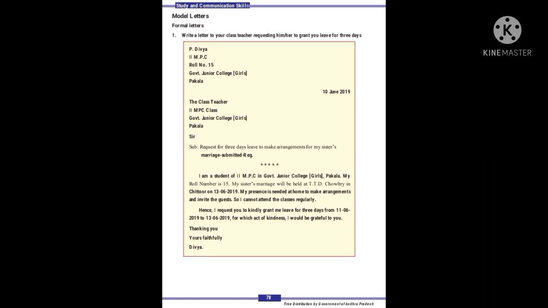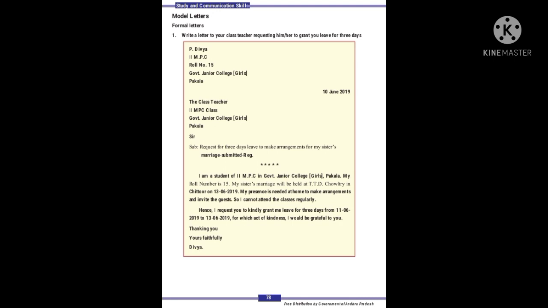First we need to write the heading. Heading consists of 3 parts. First, sender's address, second, date, and third, receiver's address. In a formal letter, the sender's address is usually written at the top left hand corner of the letter, and then leave a line and write the date. 10th June 2019.